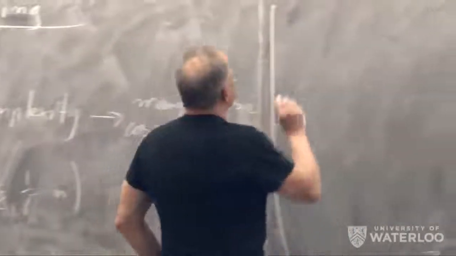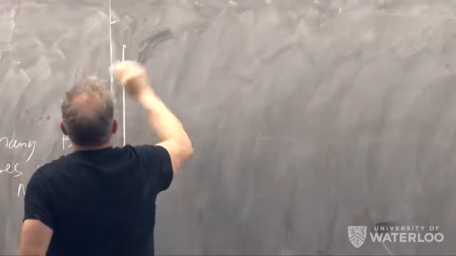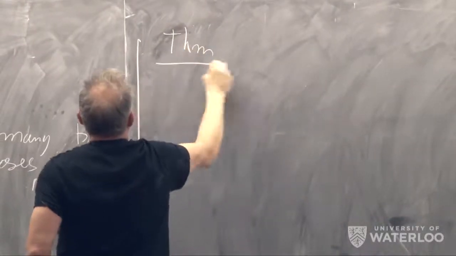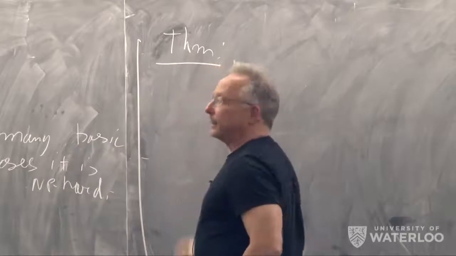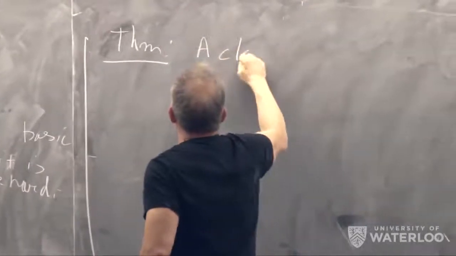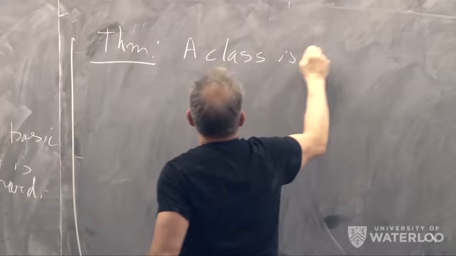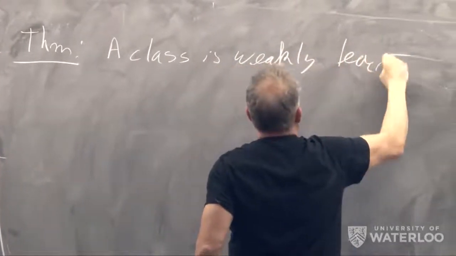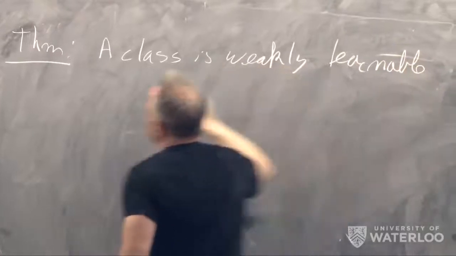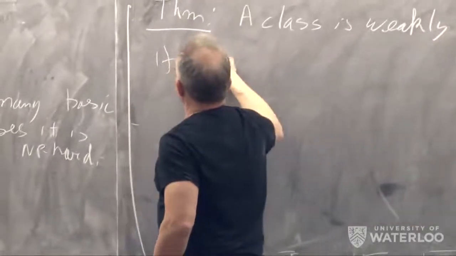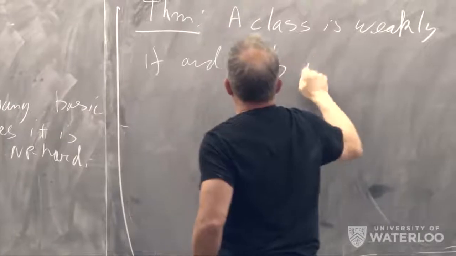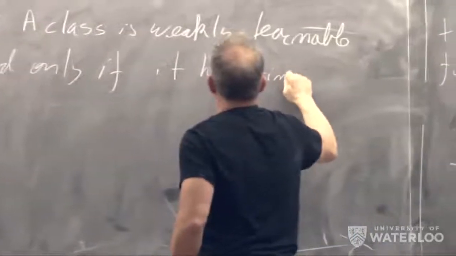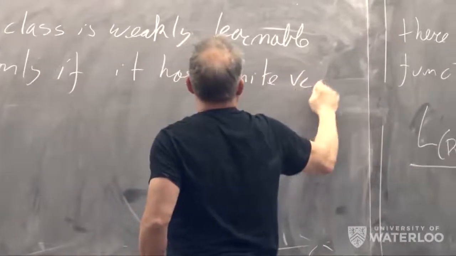So just one more important theorem, actually, I can call it that, but it's very simple. A class is weakly learnable if and only if it has finite VCD.